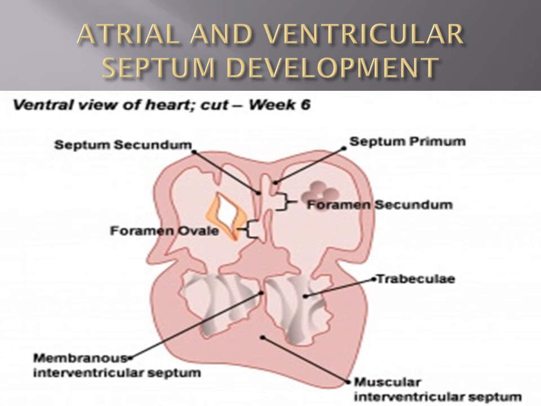A growing septum will be formed called septum primum. To start with, a lower part elongates upward and then from the upper part starts downward. They fuse together, leaving an area in between open, which is called foramen secundum.